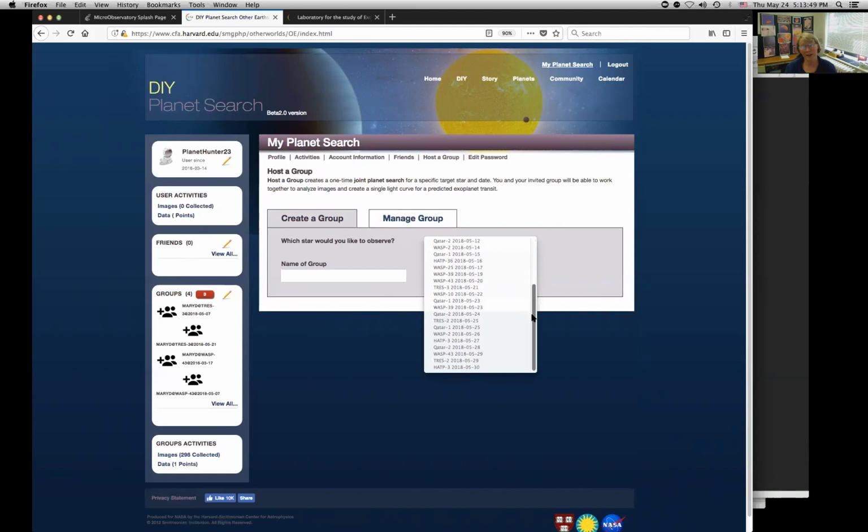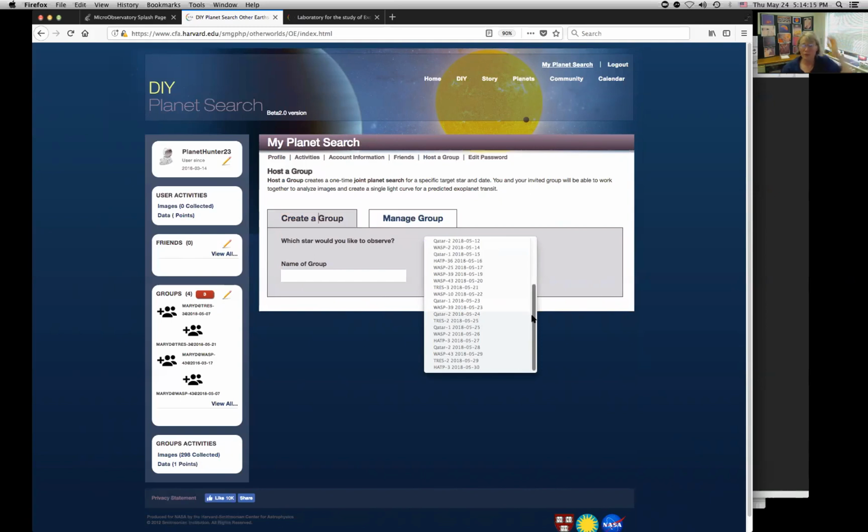The one thing that DIY allows you to do, which ExoLab does not, is that it will reach back into data sets that MicroObservatory took during the past month and pull them into your account. ExoLab is day to day. You have to request the images to get them that night and have them in your account.